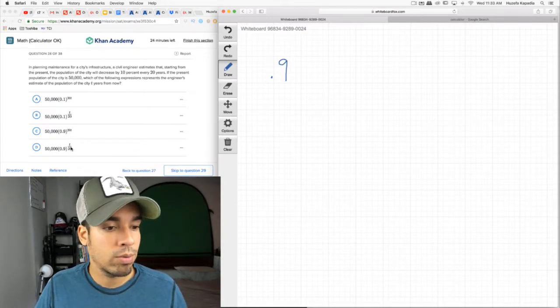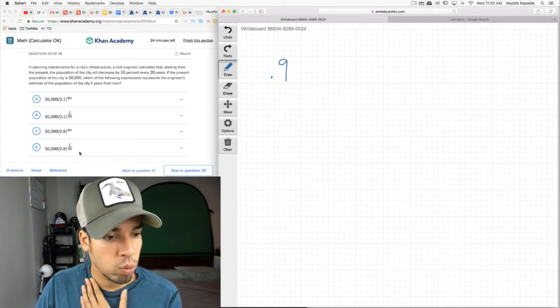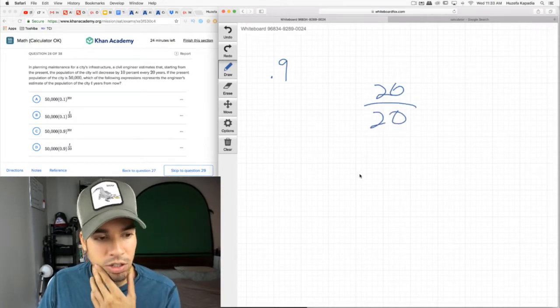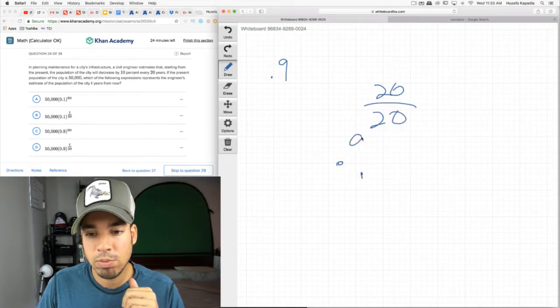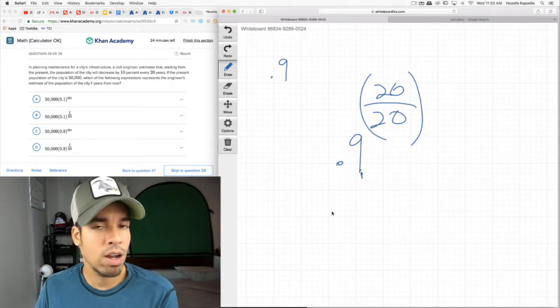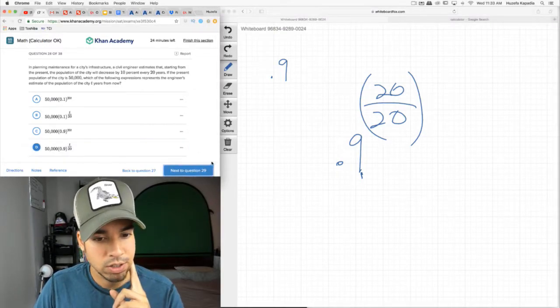Here, this one makes sense, right? When t equals 20, it'll be 20 over 20, which is 1. So in 20 years, this will be 0.9 to the 1 power, and that'll be a drop of 10%, getting us down to 90%. So this has got to be the answer.